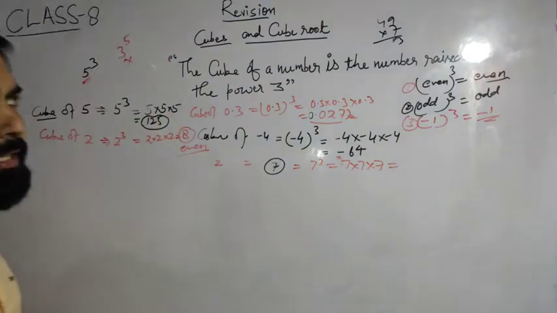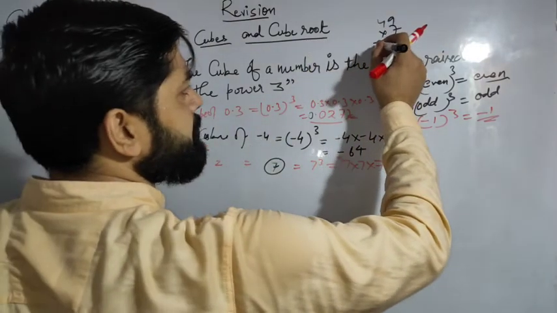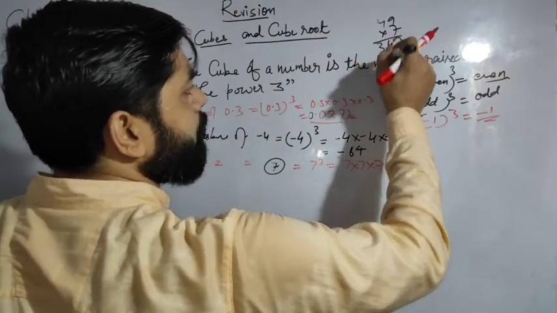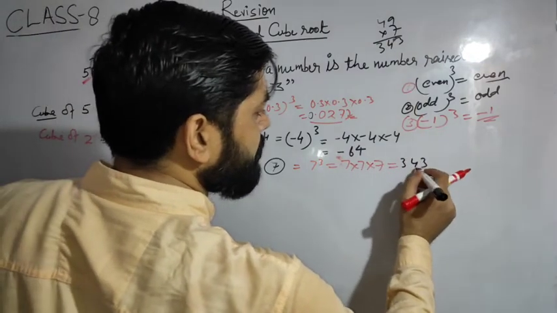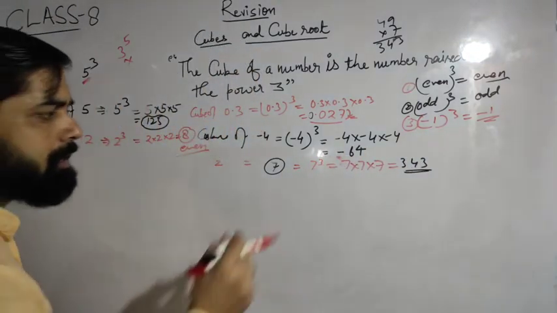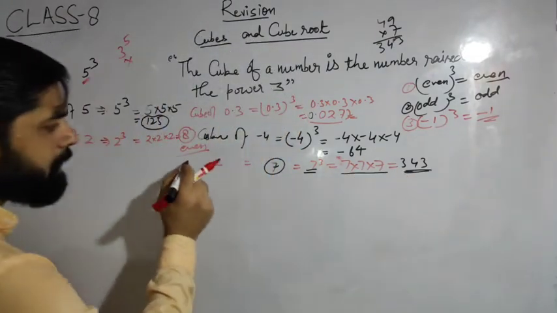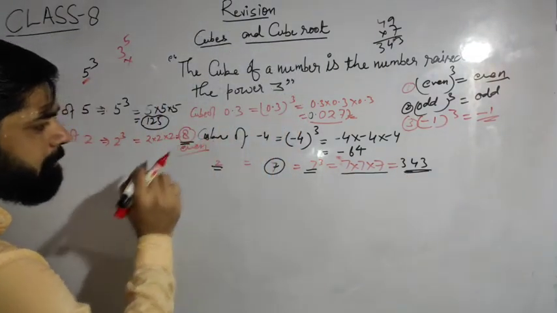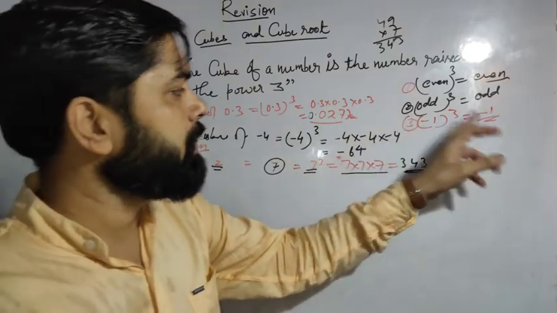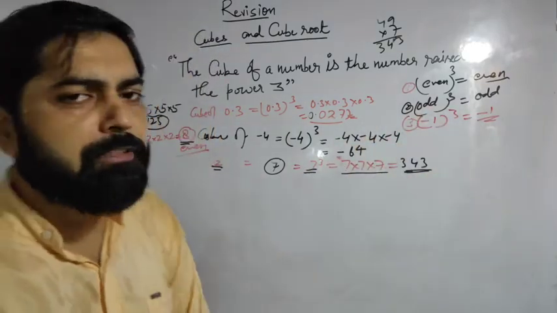Write 3 and carry 6. 7 4s are 28 plus 6 is 34. So the answer will be 343. This is an odd number. It means an odd number's cube will be an odd number, an even number's cube will be an even number, and a negative number's cube will be a negative number. So these are the properties of the cube.